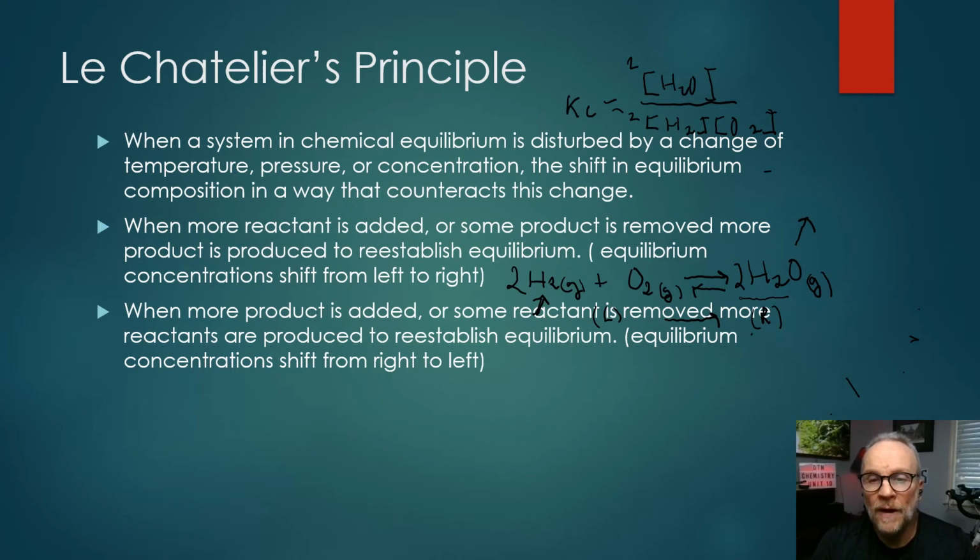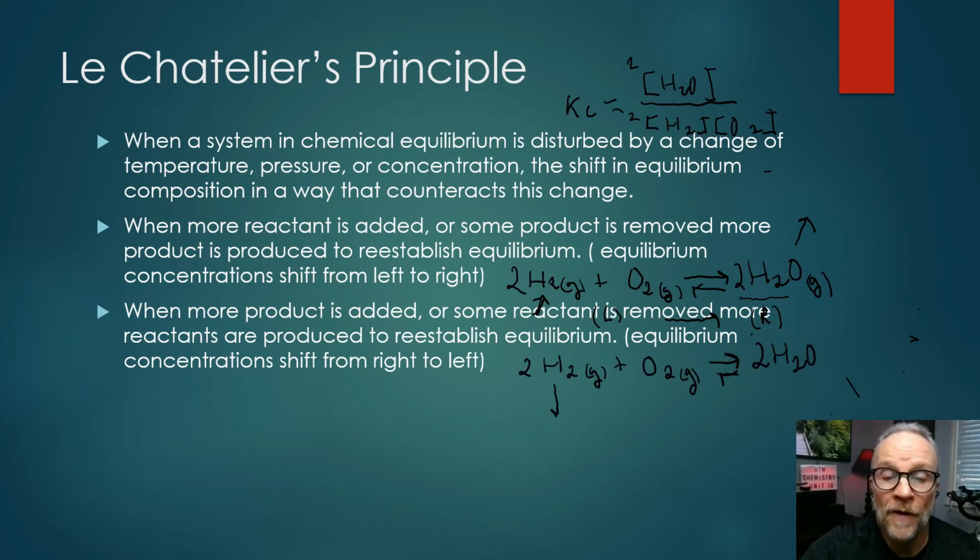So if the other is true in our example here, if we remove the hydrogen, then the reaction is going to shift this way to make more hydrogen to reestablish the equilibrium. So if more product is added or some reactant is removed, more reactants are needed.